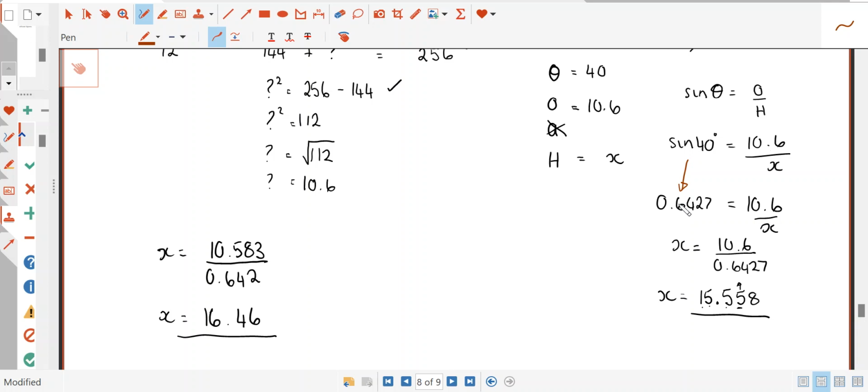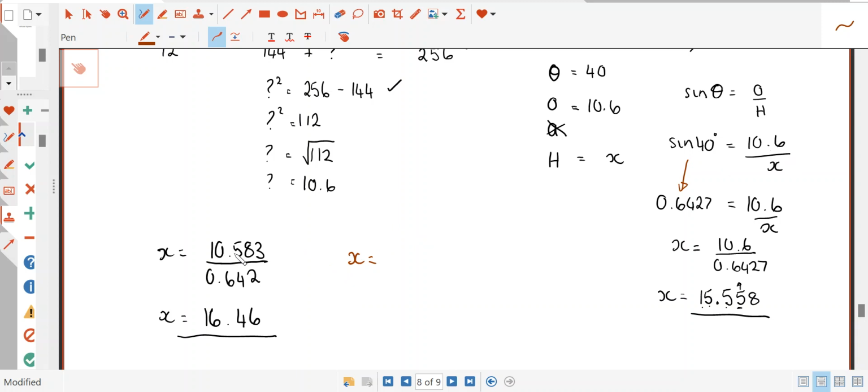Now, what I'm going to tell you now could mean our answer is perfect. So, instead of 10.583, what could I write instead? Well, where did the 10.583 or the 10.6 come from?